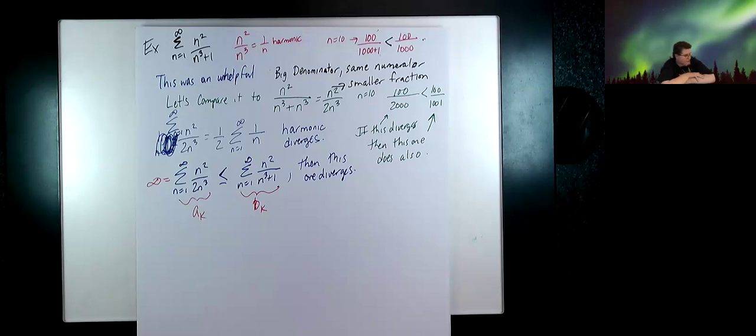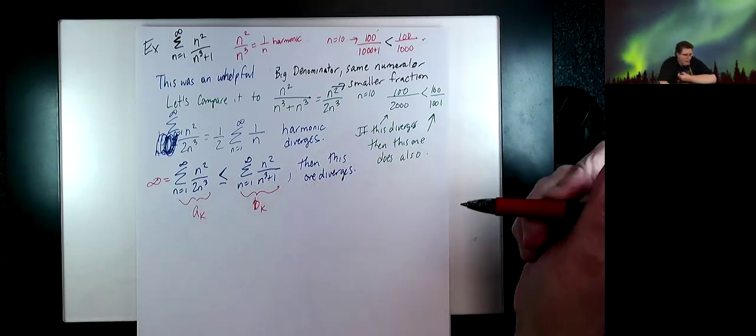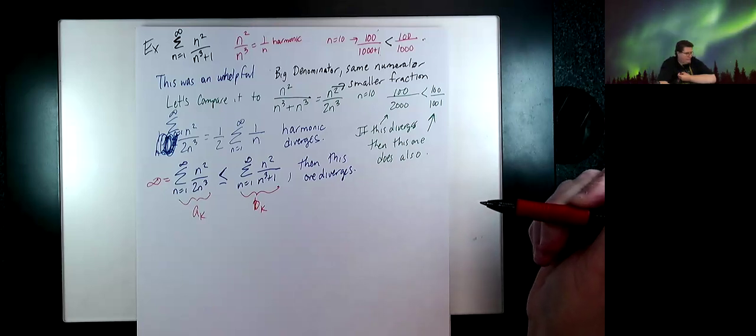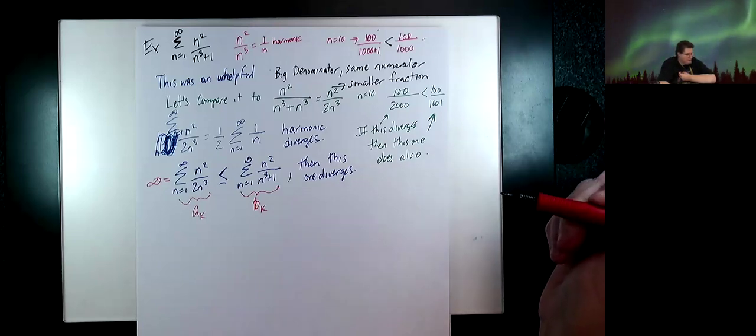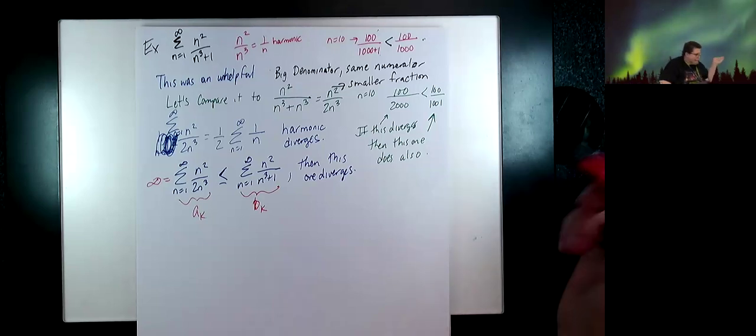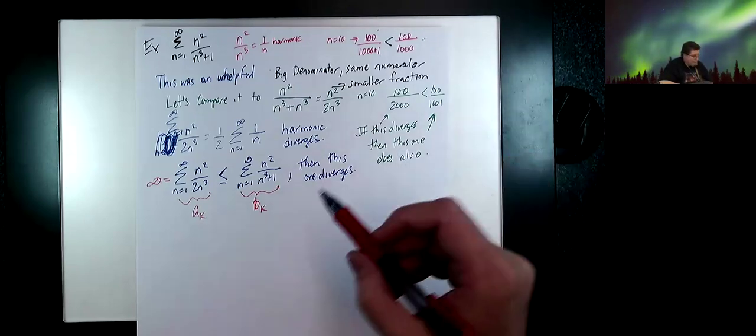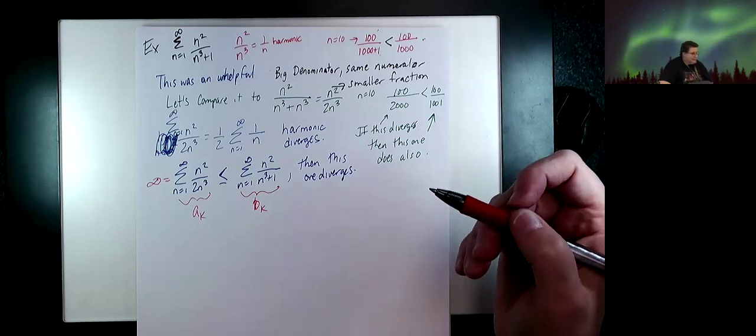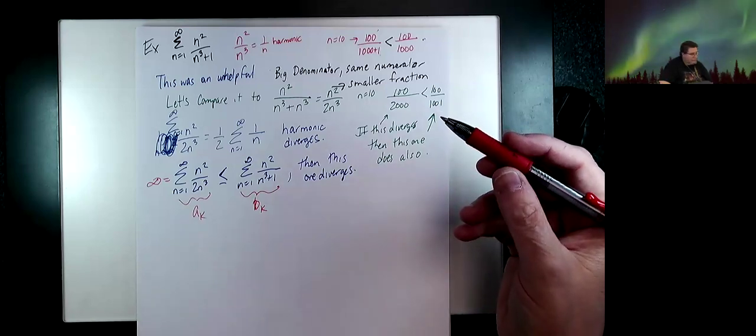It's helpful if you know right away that the one you're comparing it to is convergent or divergent. In fact, usually that's where you'll use the comparison test. If you don't have any idea what you're comparing to, what's the point in doing it? Comparing to an unknown limit doesn't help.